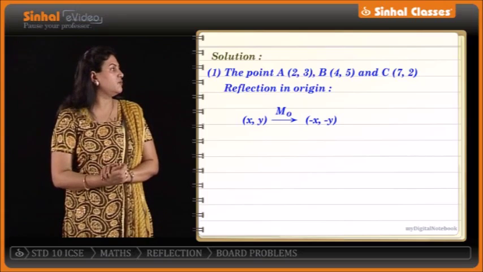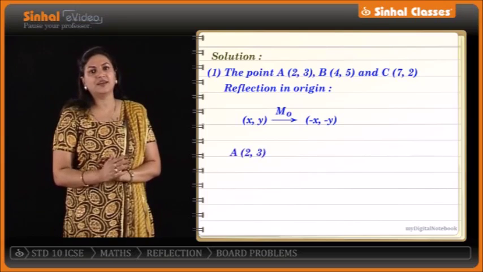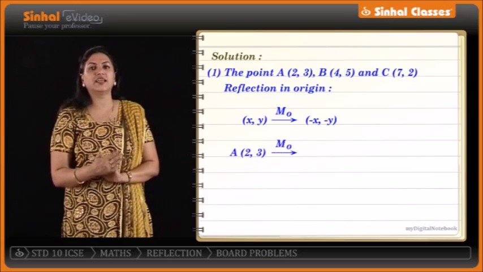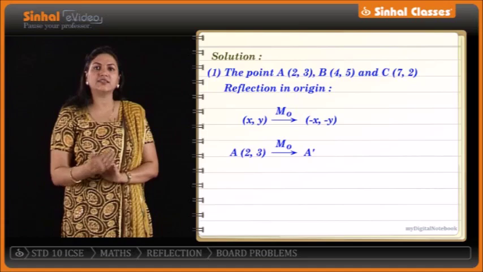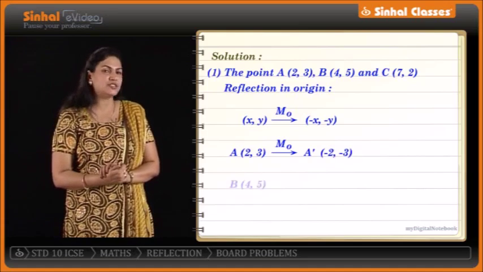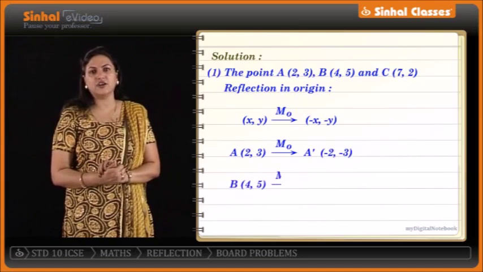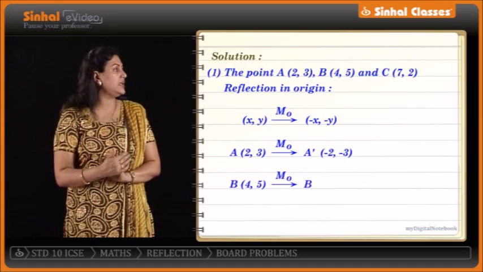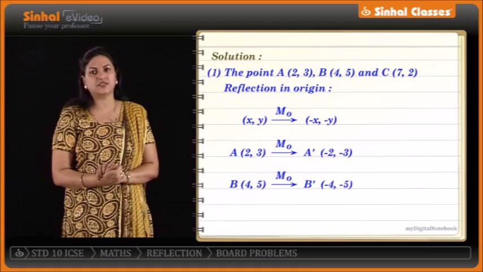Now take A with coordinates 2, 3, reflect in the origin, we will get A' with coordinates as -2, -3. Now B has coordinates 4, 5, reflect in the origin, B' will be -4, -5.